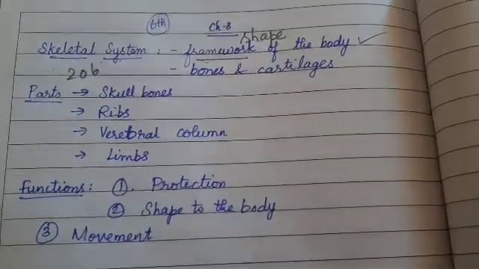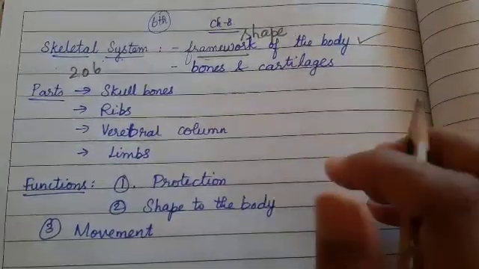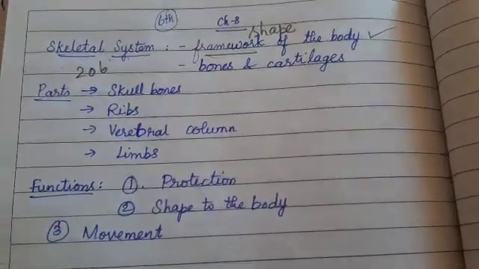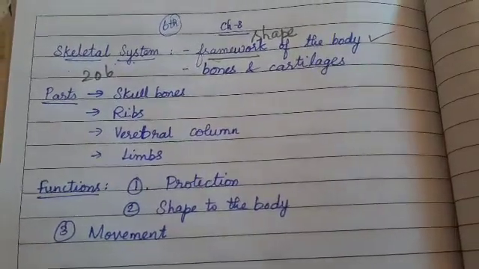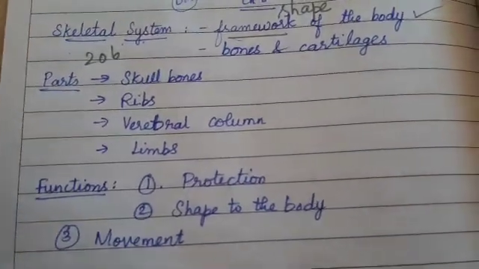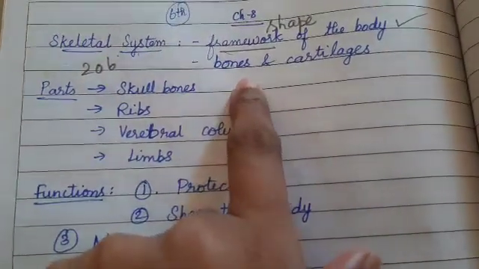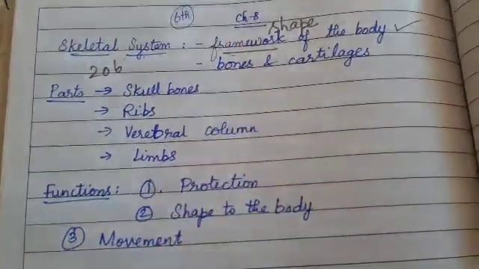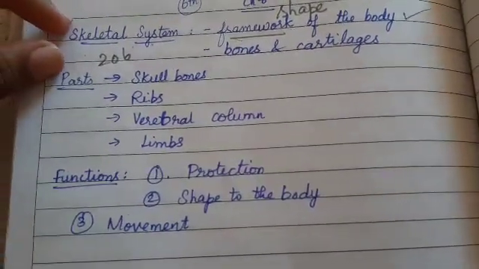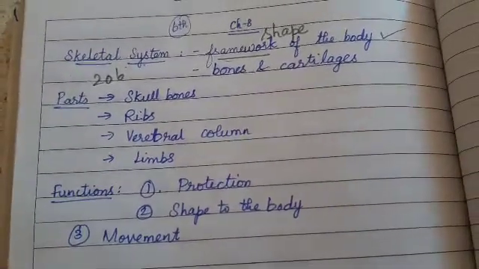Human beings have a shape with two hands and two legs, whereas a dog has four legs, and in the case of any insect, the shape is given to the organisms only with the help of the bones. So if you learn about the bones present in the body, then the system is the skeletal system. Okay.